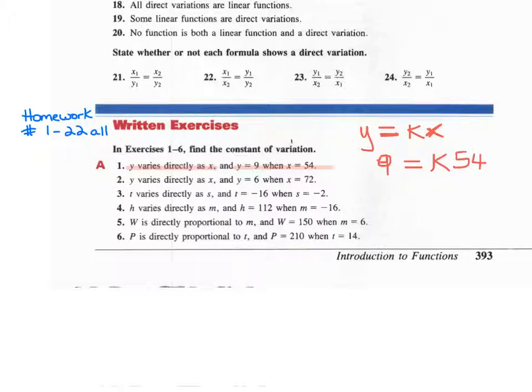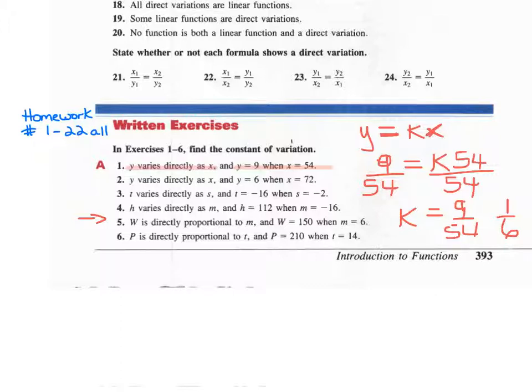Now you might be tempted to put the 54 first, so that 9 will divide into it evenly. But in this particular problem, our answer is going to be a fraction. So then I would get k is equal to 9 over 54, and I need to simplify it. And this simplifies to 1/6. Now, if the words change and they say directly proportional, we could still do it the same way.